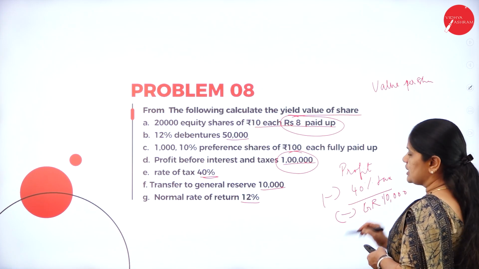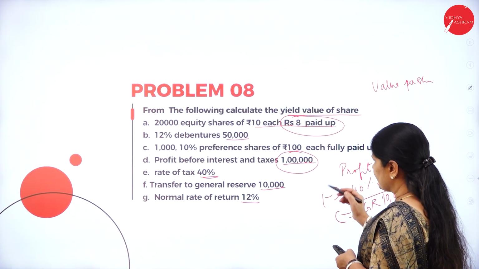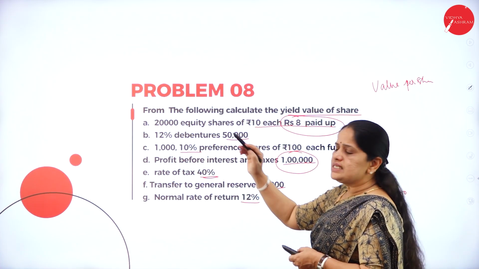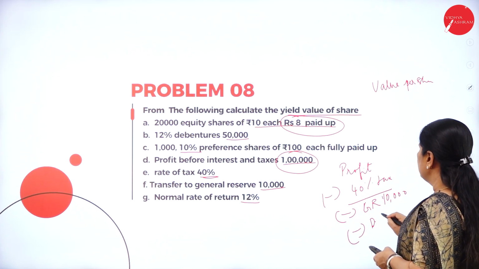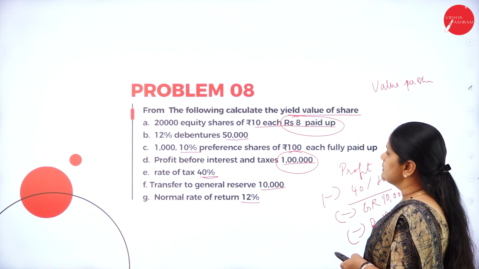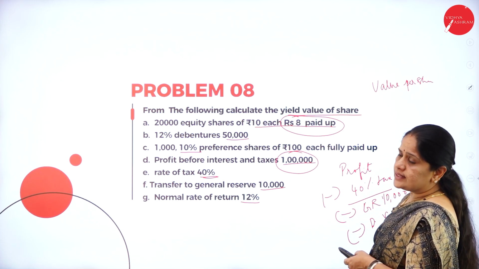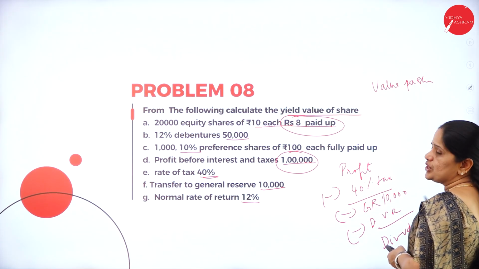Then from the remaining amount, I have to pay the preference shareholders 10% dividend. Then whatever amount remains is the dividend payable to the equity shareholders.